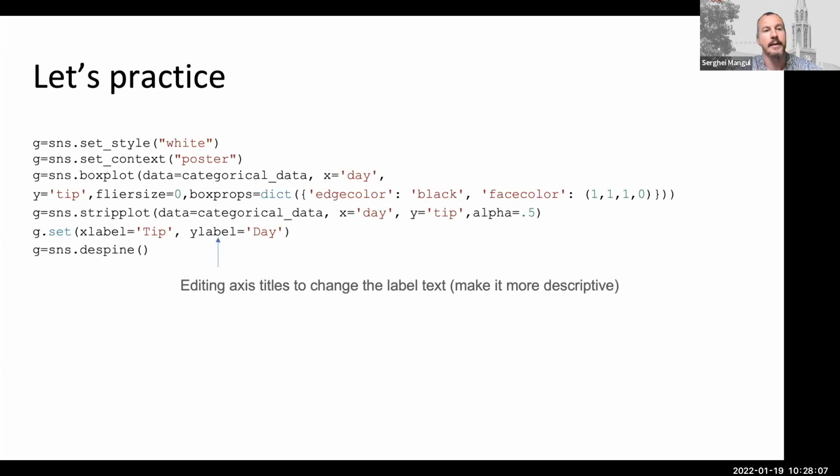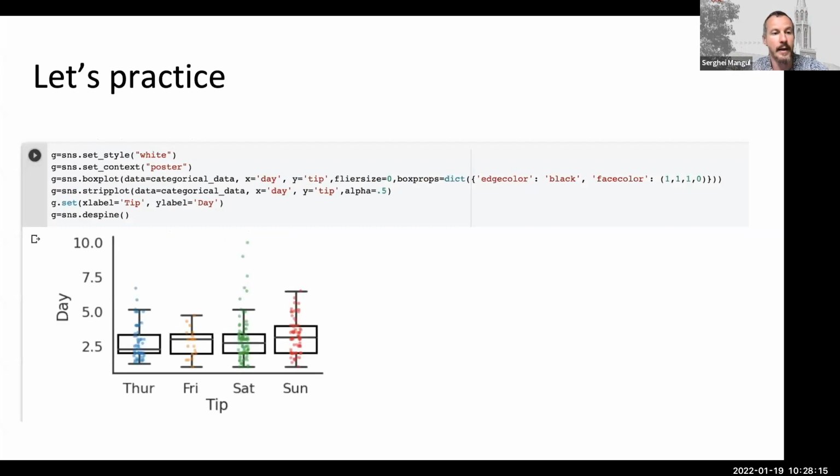And despine, removing those 2 lines. Okay. If we do that, that will be our box plot. I think it's clean, kind of sharp. We can add tip in USD dollars perhaps, but other than that, I think it's quite nice.